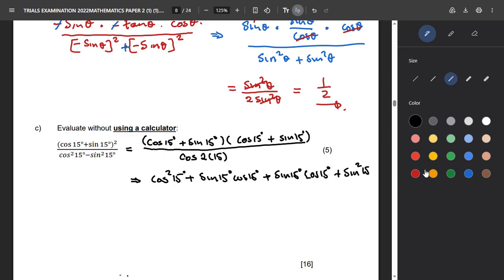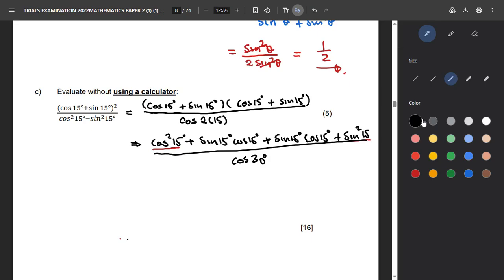So I'm going to group the like terms. I'm going to group this guy with that guy so that I can substitute it as 1 using the identity. So before that, let's divide this by the cos of 2 times 15, that's the cos 30. I'm happy because this is a special angle. And then if we keep going down, this will give us the top part.